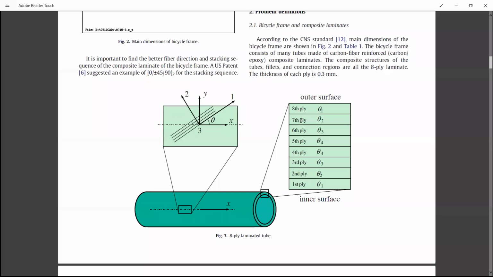You have 8 plies of fiber, 8 layers of fiber and the epoxy. Everything oriented in a different direction. You see theta 1, theta 2, theta 3, theta 4, and then the symmetric of that, theta 4, theta 3, theta 2, theta 1. Okay, so in this orientation, this has been designed.